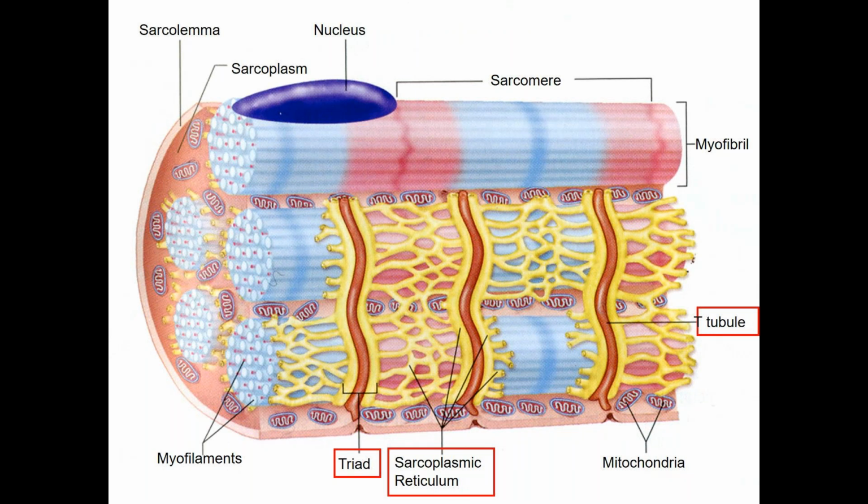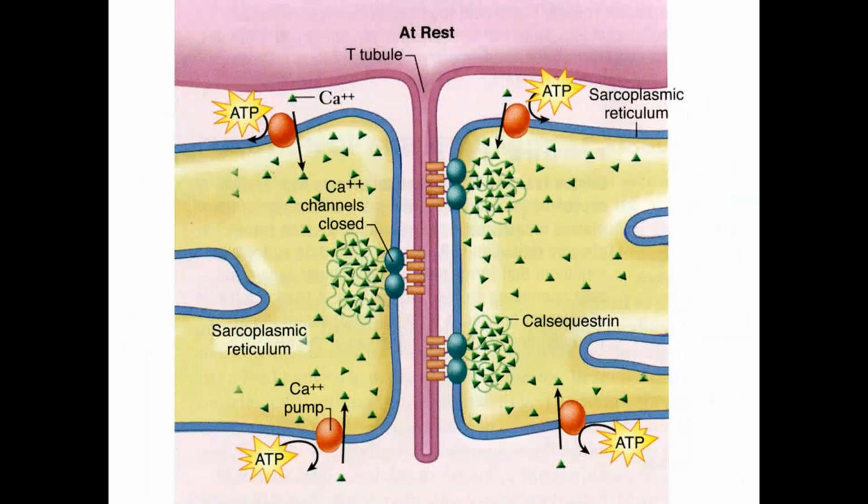If we take a slightly closer look at a triad, we find that they're actually directly connected to one another. There are voltage-gated channels that connect the sarcoplasmic reticulum to the T-tubule.